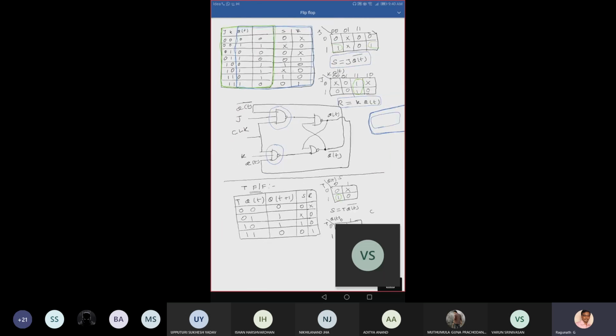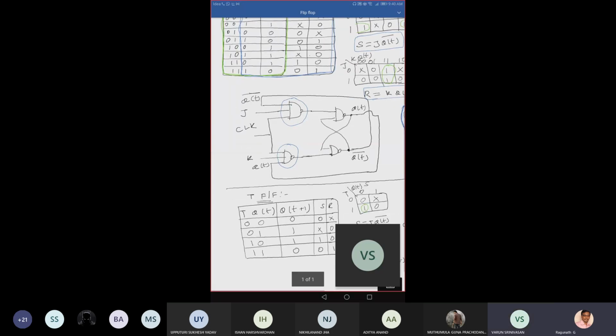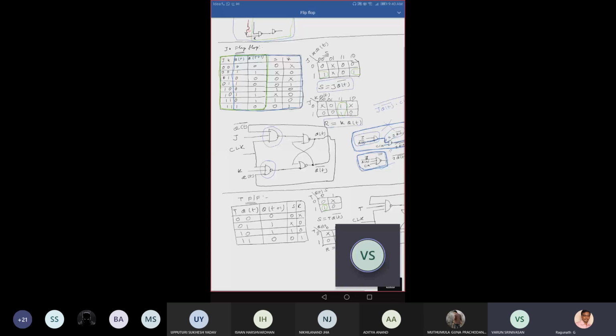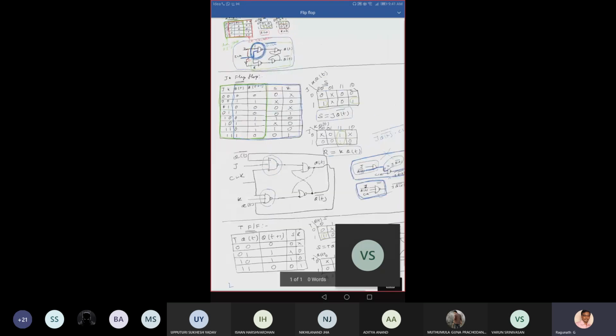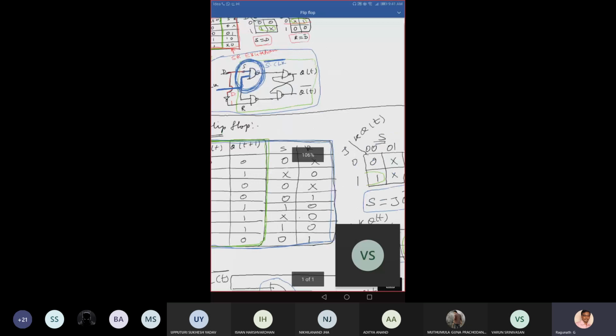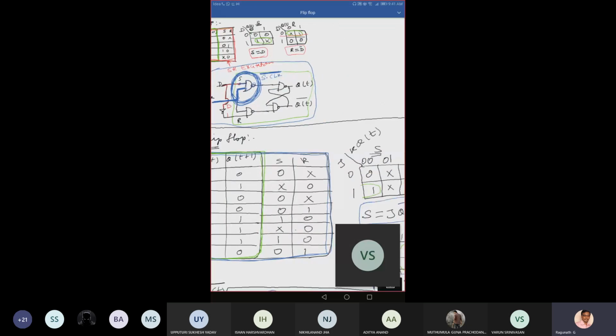But we won't use the SR flip flop. What's the reason? Why don't we prefer SR flip flop? A latch does not have memory. Sorry, latch. Okay. Actually, the confusion is that some textbooks say it's a latch. I showed one circuit, no? For example, the first one: some books say this is the basic latch, please understand, the basic flip flop.